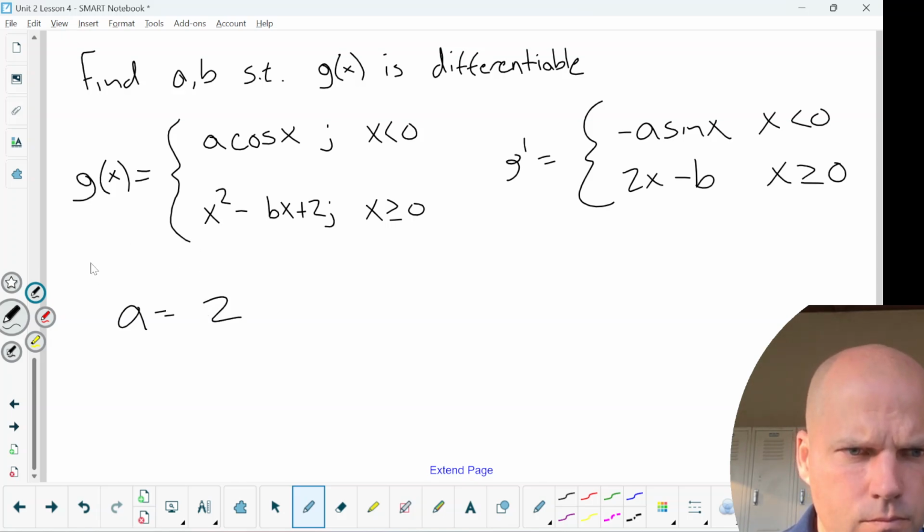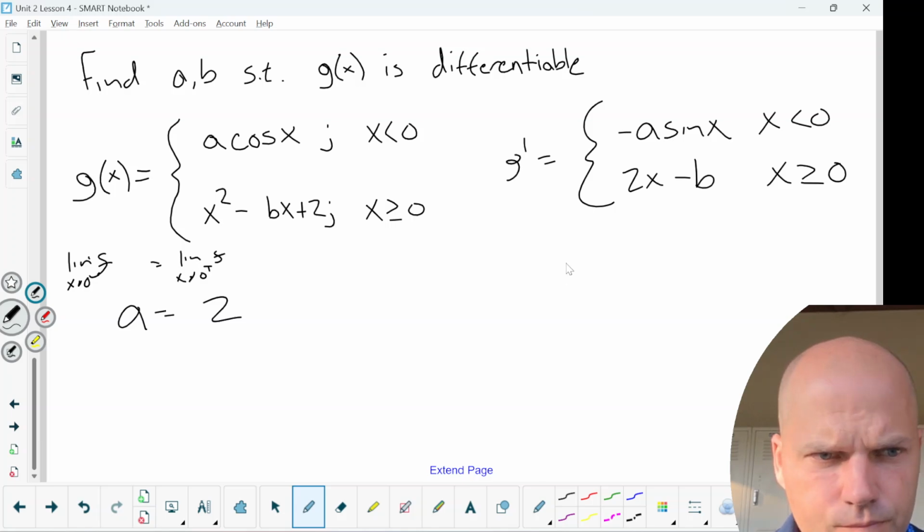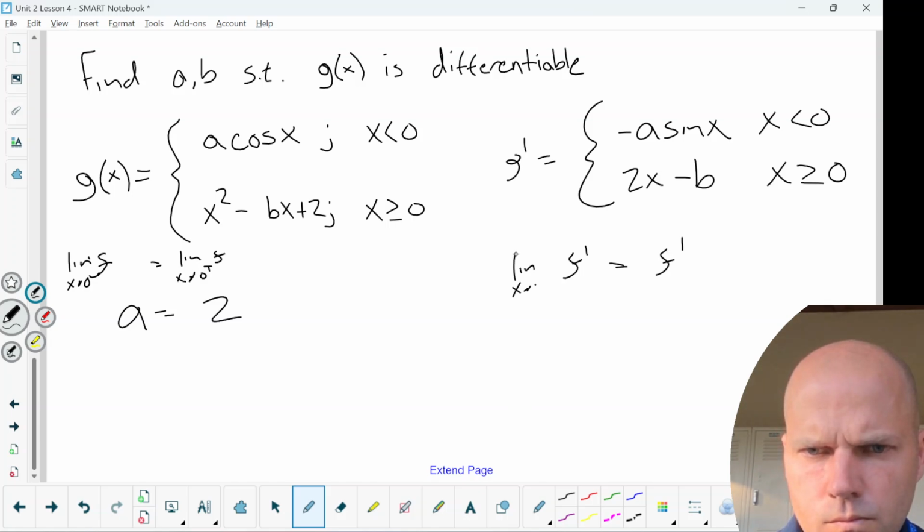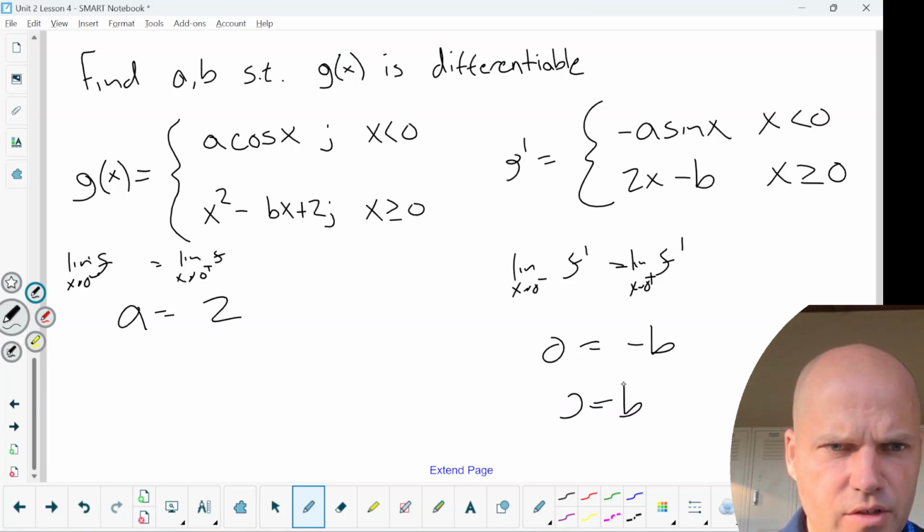Okay, that's easy. And then over here, we get 0 equals -b. So b is 0, a is 2.